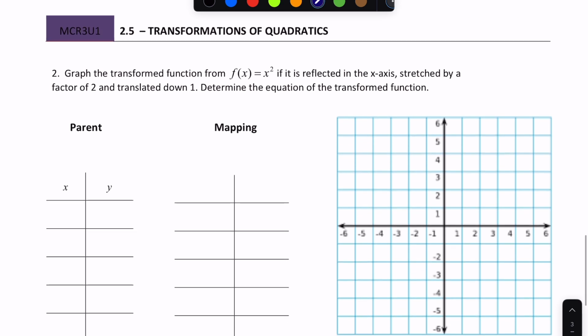So let's look at this too. It says graph the transform function from f of x is equal to x squared if it is reflected in the x-axis, stretched by a factor of 2 and translated down 1, and determine the equation of the transform function. Okay, so the parent function stays the same as before: x and y values for y is equal to x squared.